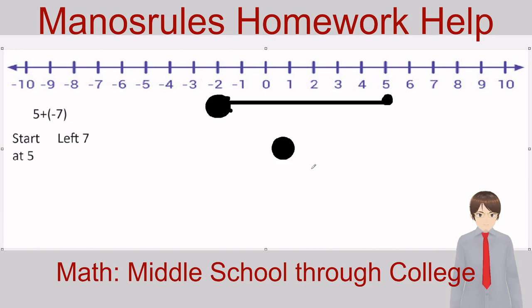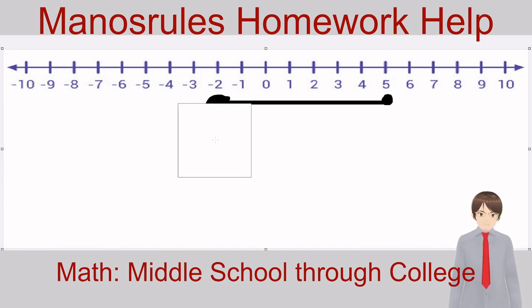Our new point right there. There's our answer, -2. And that's addition. Works every time, works the same technique. No worries, no problems, no fuss. That's how I do it.